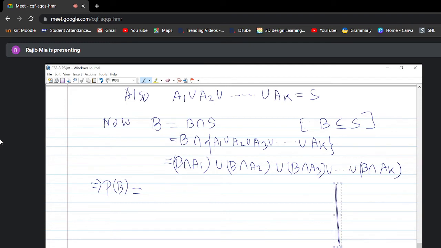Not always, sir. Only if it is exclusive. Yes. If A and B are mutually exclusive events, that is, if A intersection B equals phi, then only probability of A union B equals probability of A plus probability of B. And write this.